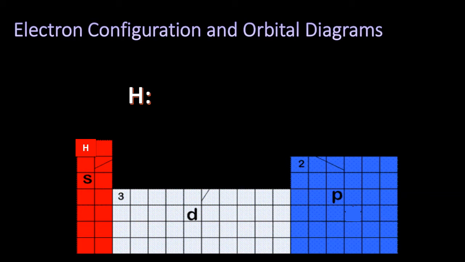So we start off by writing down, oh look, hydrogen, yeah. Hydrogen sits in the first energy level, so that's the first thing you want to write down, the number 1. Then you want to ask yourself, what orbital type does hydrogen live in? If you said S, you would be correct.